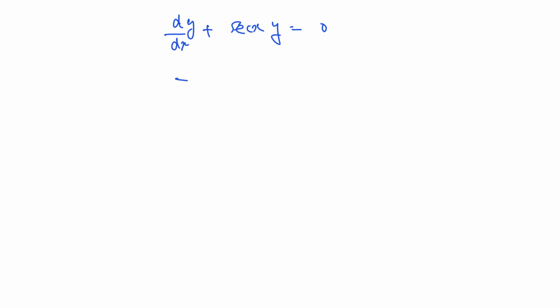We know that d/dx ln lambda(x) must be secant x, right?